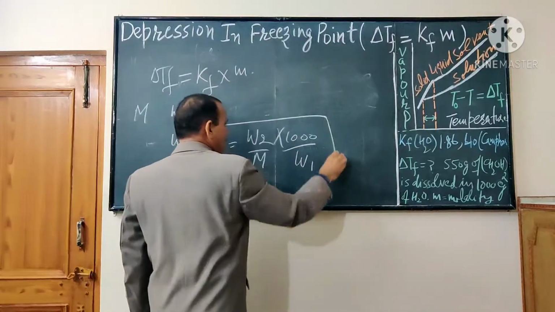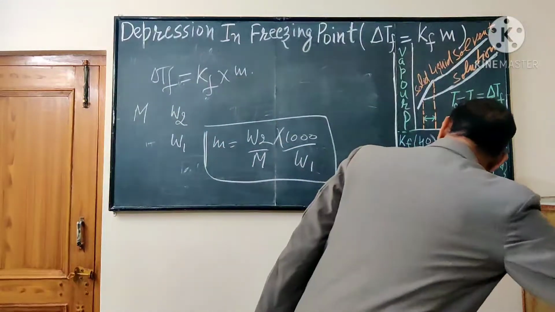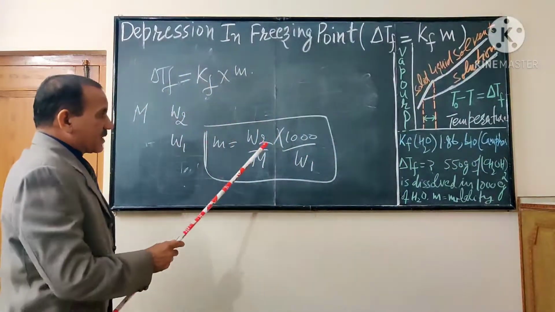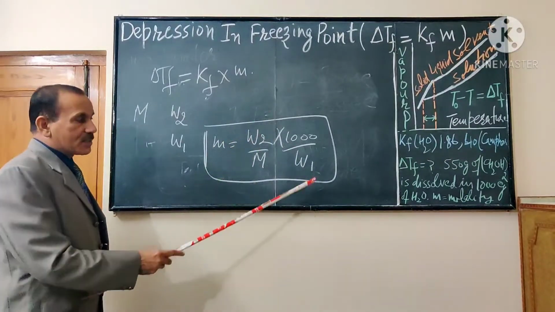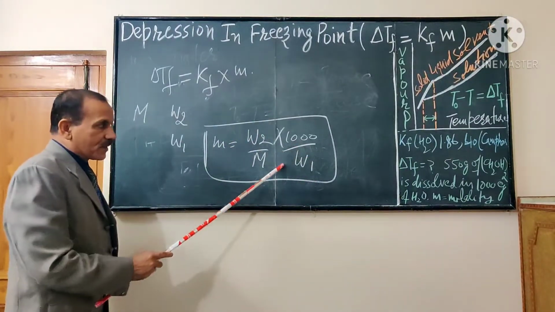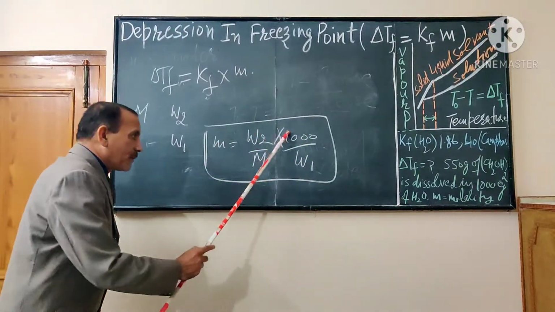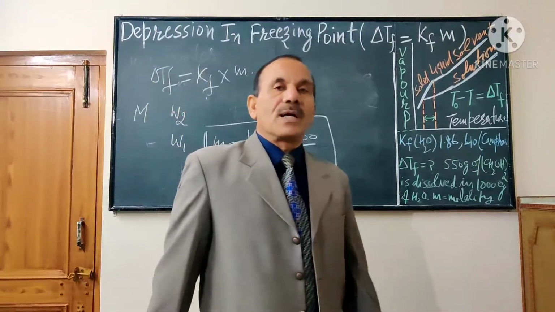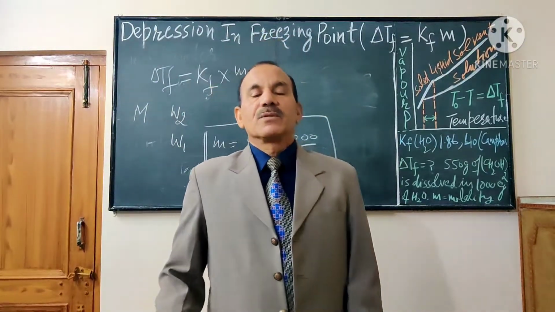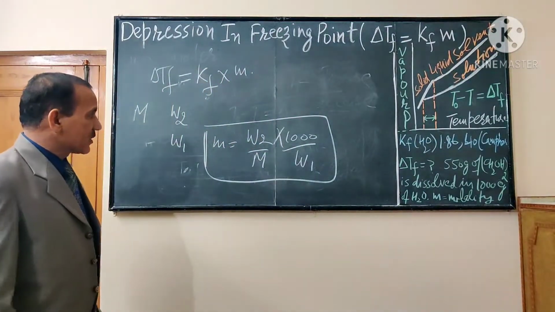This is the definition of molality. What is this? This is the number of moles of solute present in this much weight of solvent, and this is the number of moles of solute present in 1000 gram solvent, and it is the molality of the solution.